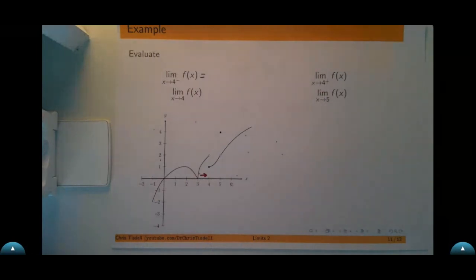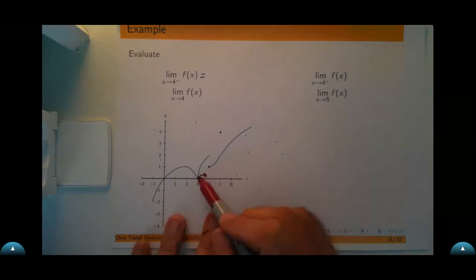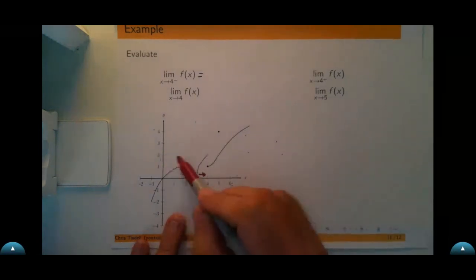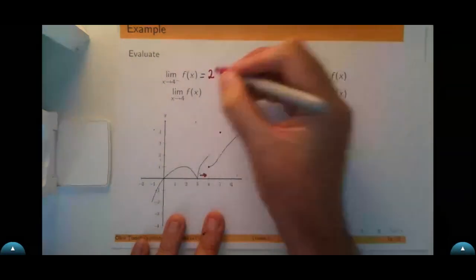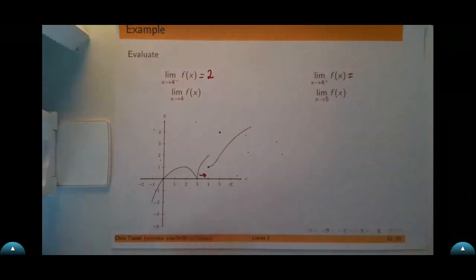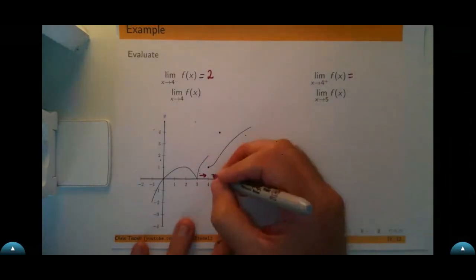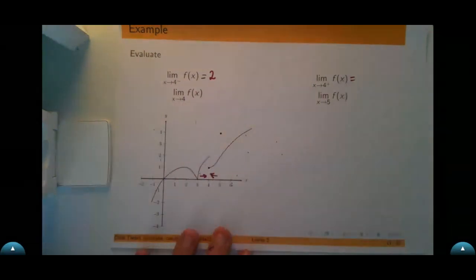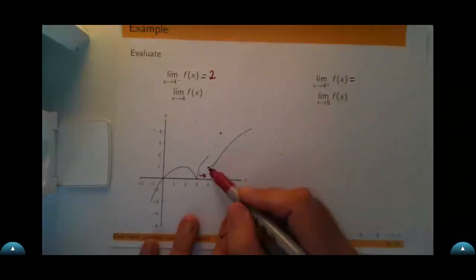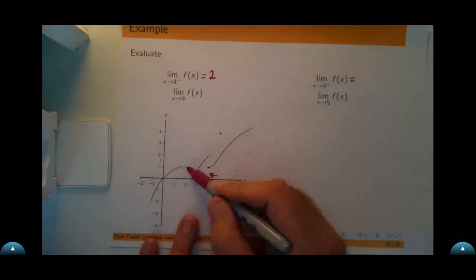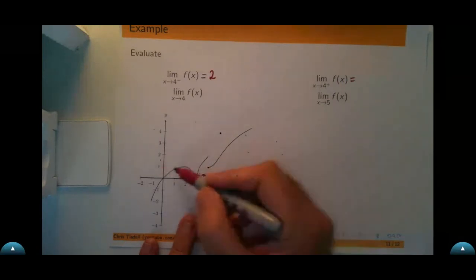Can anyone tell me? Yeah, so you can see here the graph's going up, up, up towards 2. All right, thank you. And what about if we approach 4 from the right? Yeah, Nicole. It's going down, down, down towards 1, sorry.